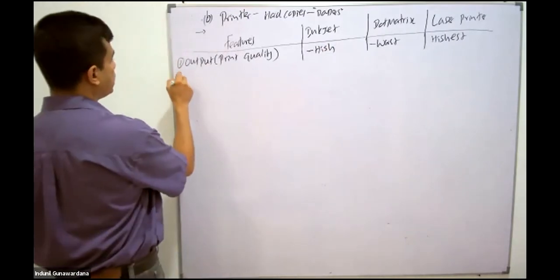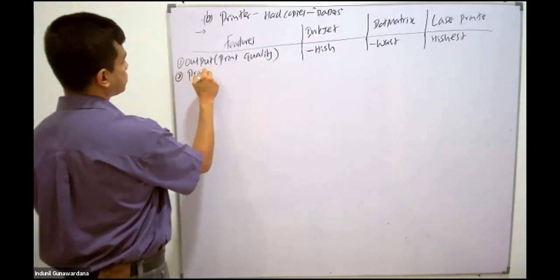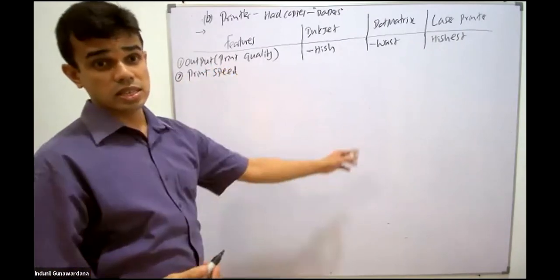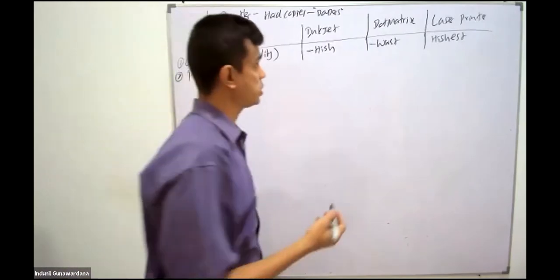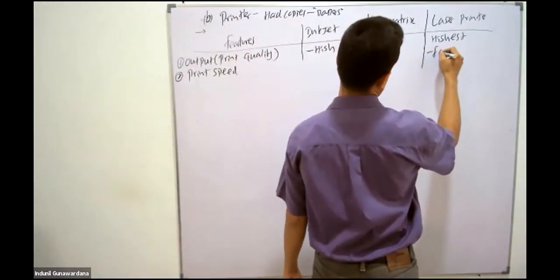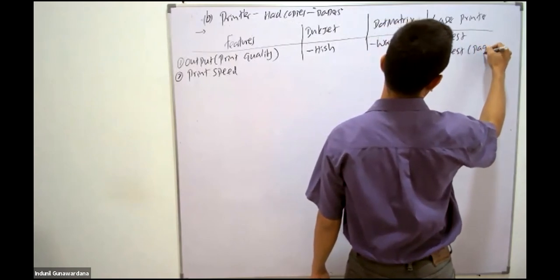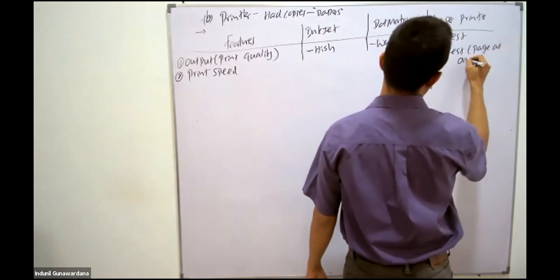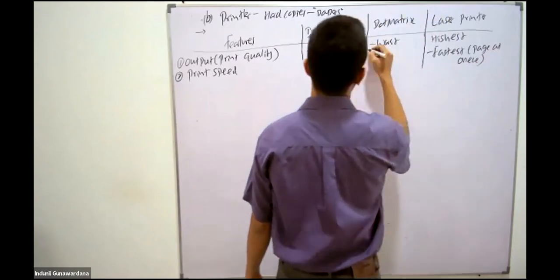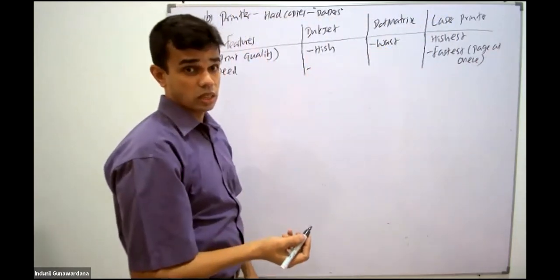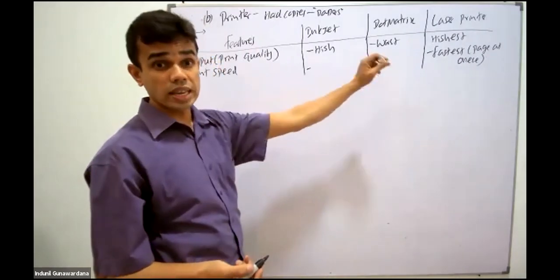And then another one is printing speed. The highest printing speed is laser since it is page by page. Fastest, we can write page by page or page at once. Here, inkjet is faster, but not as fast as laser.